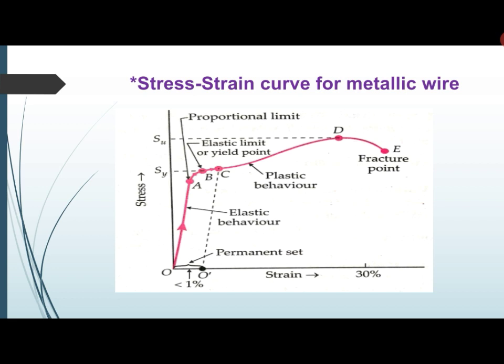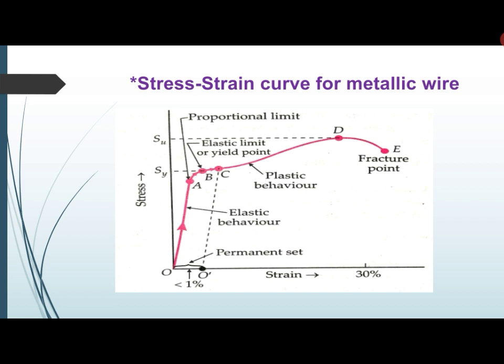Now when we further increase the load in the region from A to B, the stress strain graph is slightly curved, and the stress is not proportional to strain. If the load is removed at any point from O to B, the graph is retraced along BAO, and the wire again regains its original length.